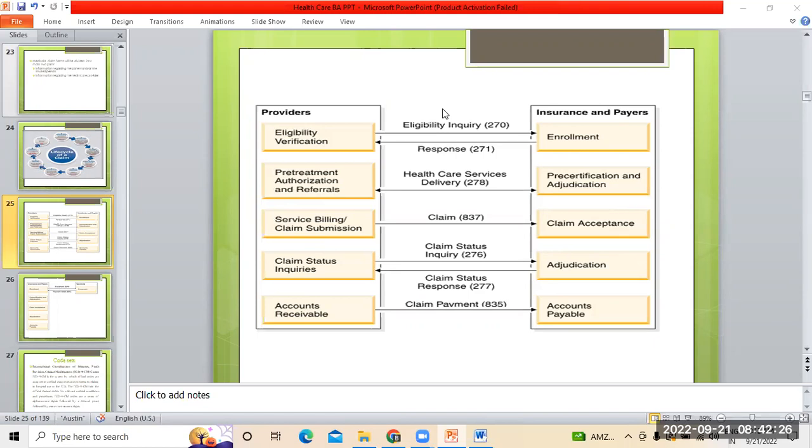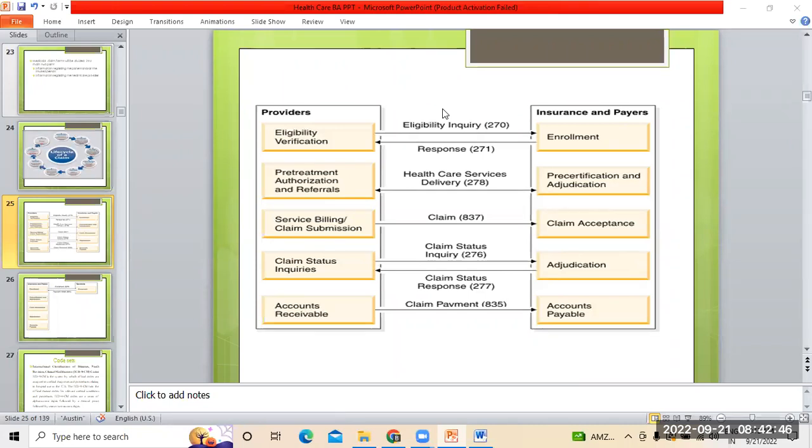The status inquiry will be asked by the provider to an insurance company. For that, 276 is the code number we are using. So from provider to insurance company, the claim status inquiry is called 276.